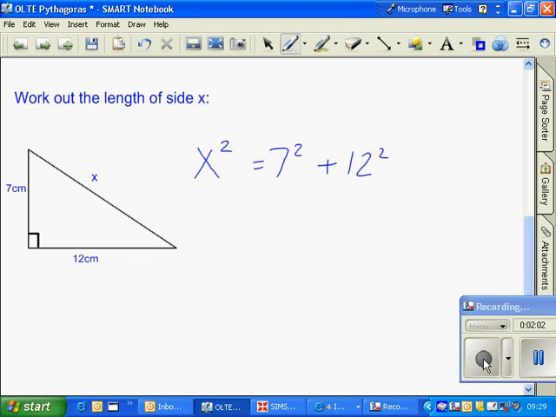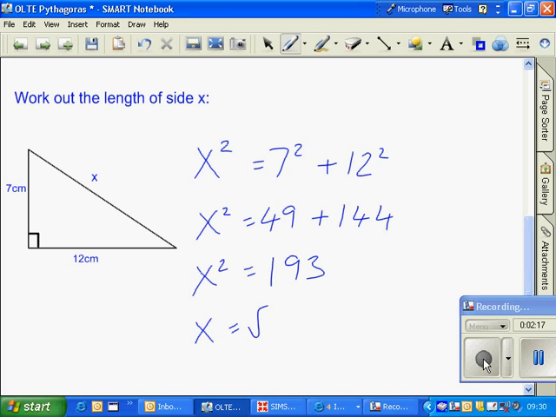Working that out, x squared equals 49 plus 144. So x squared is equal to 193. So x is equal to the square root of 193, which is equal to 13.9 centimetres.